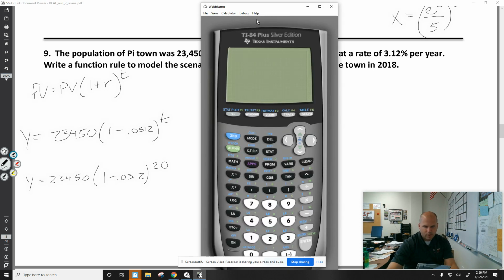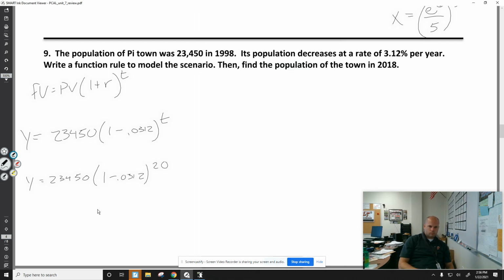All right, you guys love numbers. $12,440 approximately.